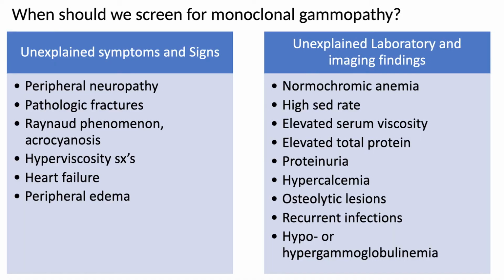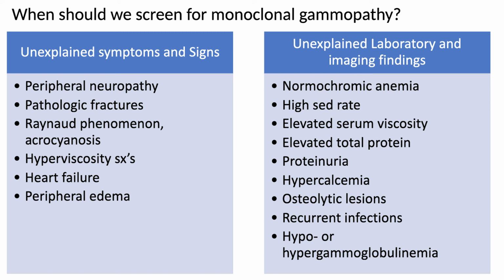So when should we screen for monoclonal gammopathy? When you have unexplained symptoms and signs of peripheral neuropathy, pathological fractures, Raynaud phenomenon and acrocyanosis, hyperviscosity symptoms, unexplained heart failure, or unexplained peripheral edema.